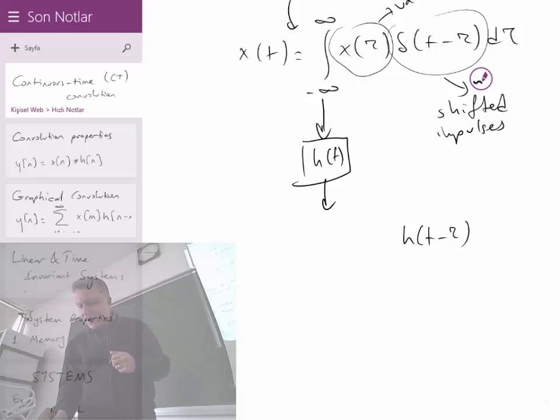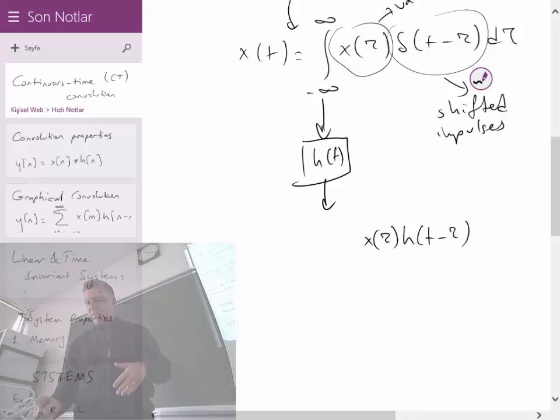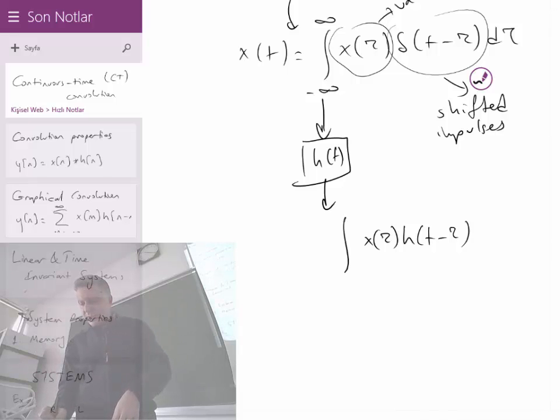It is x of tau times h of t minus tau. If you combine with the integral at the top, due to linearity, you can also combine at the outputs. So each separate thing will be translated like this, and the accumulation will also be accumulated at the output level.